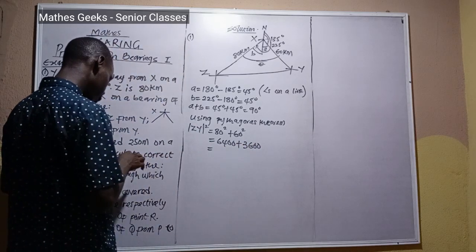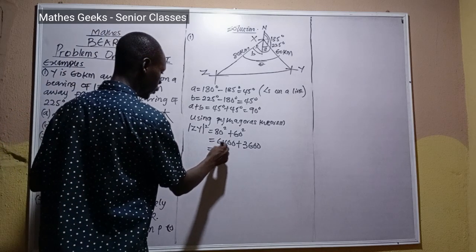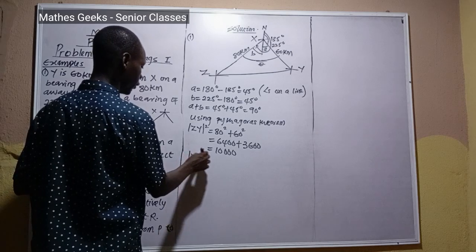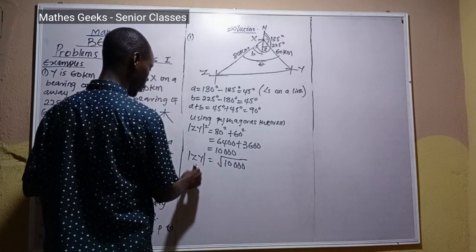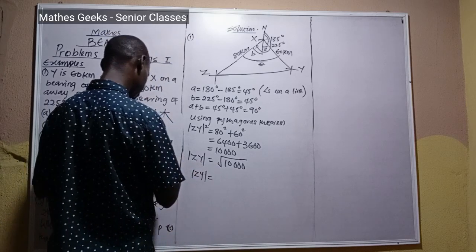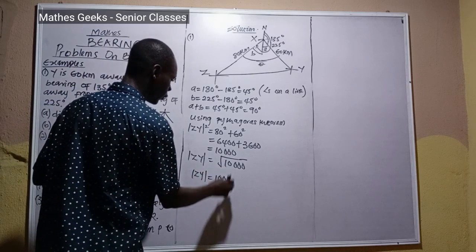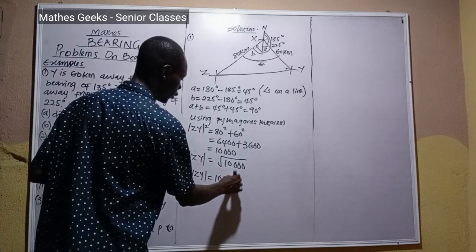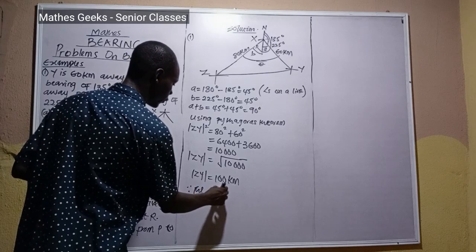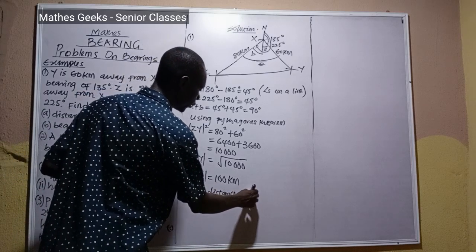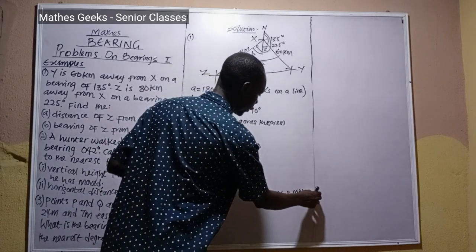Altogether, 10,000. So line ZY is the square root of 10,000, which is 100 kilometers. Therefore, the distance of Z from Y is 100 kilometers.